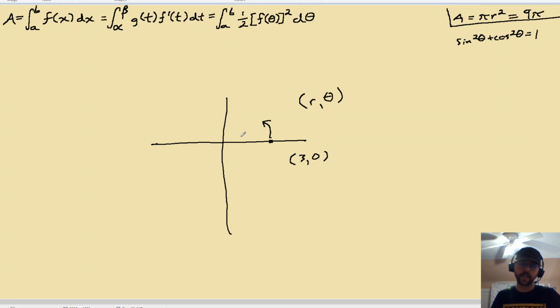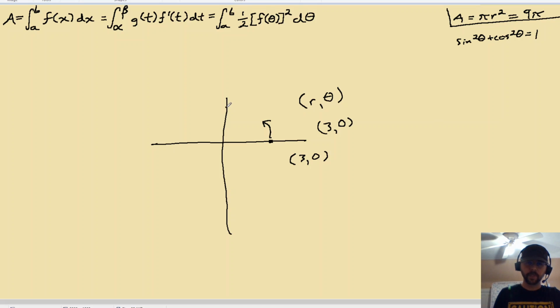So this point here, 3, 0, would also be 3, 0 in polar coordinates, because the radius is 3 and the angle in radians is 0. It happens to be the same in both systems, but the numbers represent something different in each.